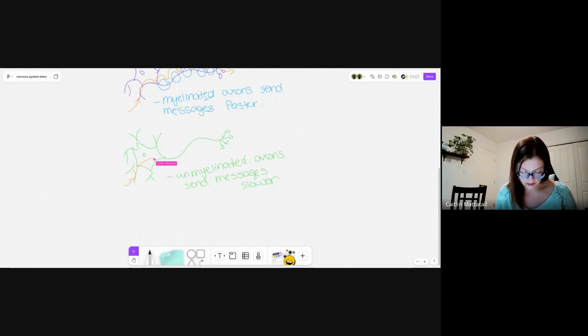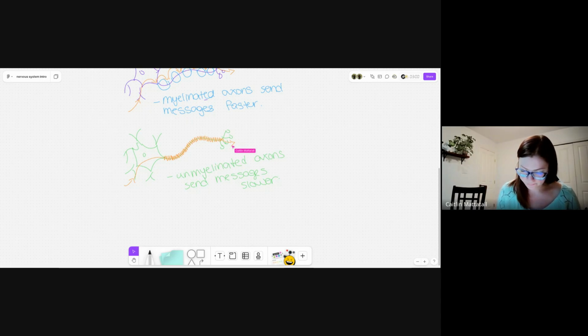It's going to travel through the cell body. And then when it gets to the axon, it has to interact with the entire thing before it can move through the end plates. So again, those myelin sheath Schwann cell bubbles help to insulate the axon, which means that the message can move quicker.